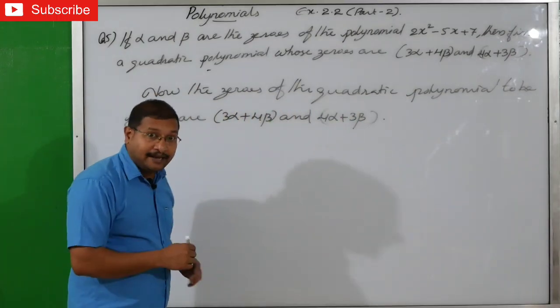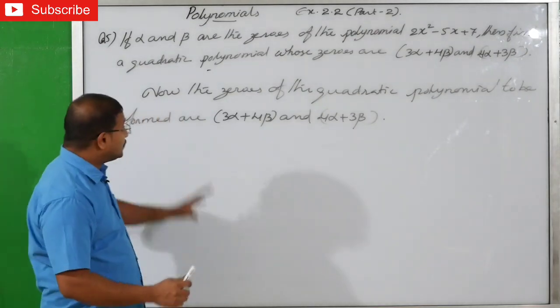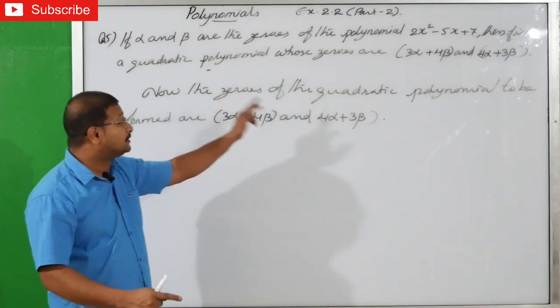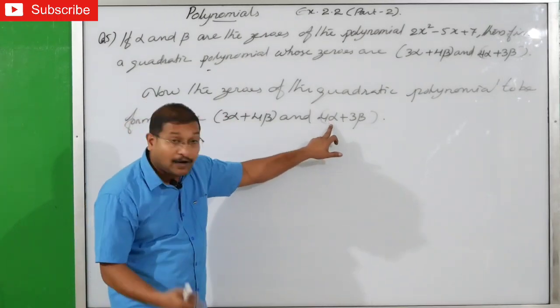Ready? That means for the sum of the zeros, one zero is 3 alpha plus 4 beta and the other zero is 4 alpha plus 3 beta.